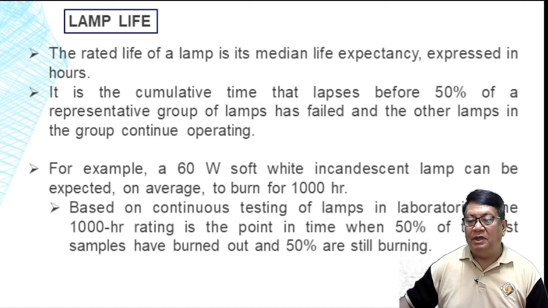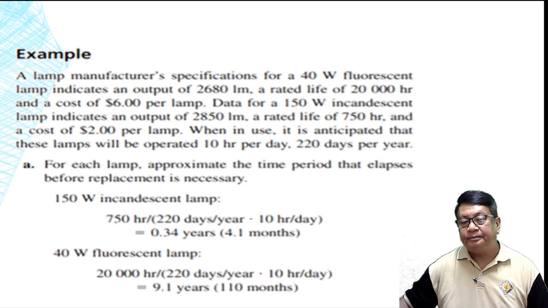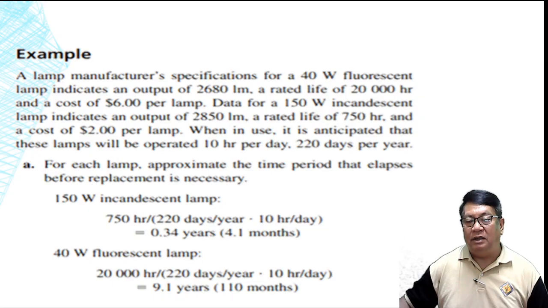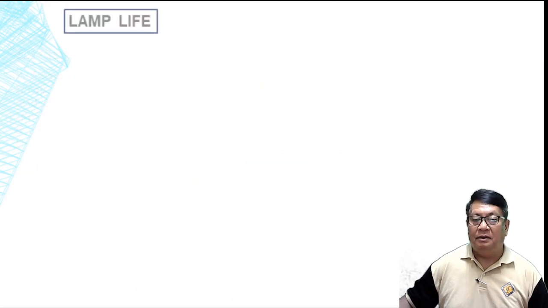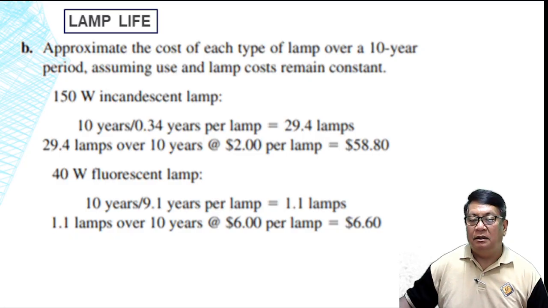So we have what we call lamp life. The unit of it should be expressed in hours. So we have this example class. Try to study this example that we have to determine the lamp life.